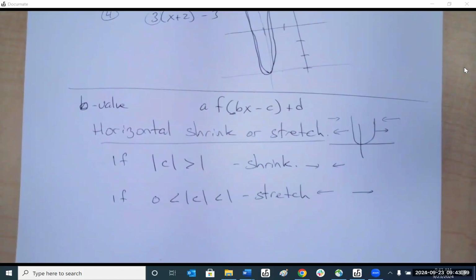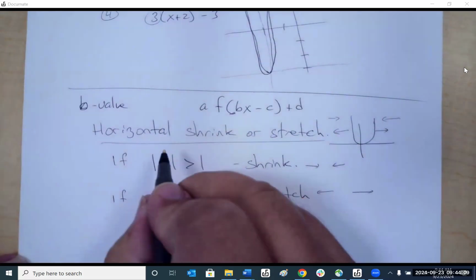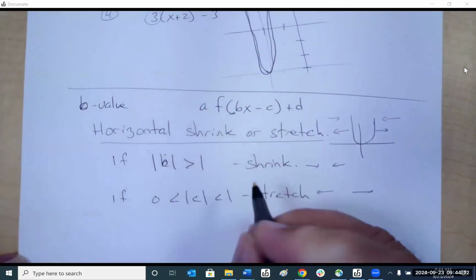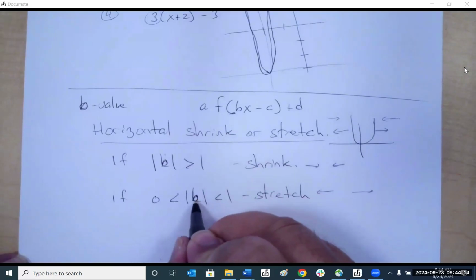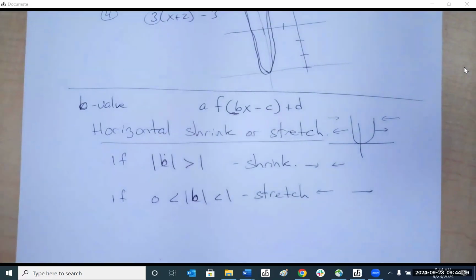Why is that? Does this mean that B is relative to the C term? Like the C term and the B term are related in this way? I'm sorry, I should be putting B in there. Yeah, because it's this value.